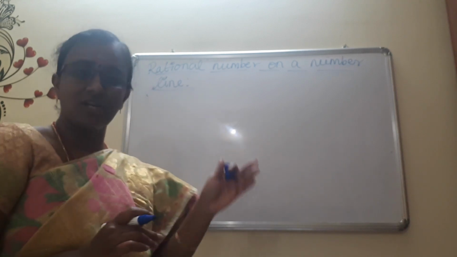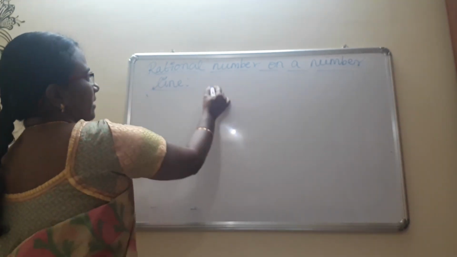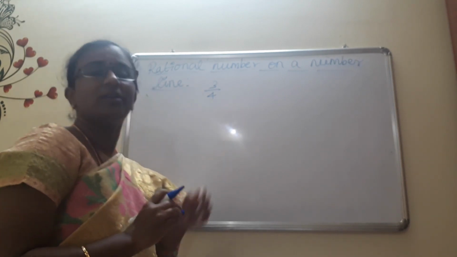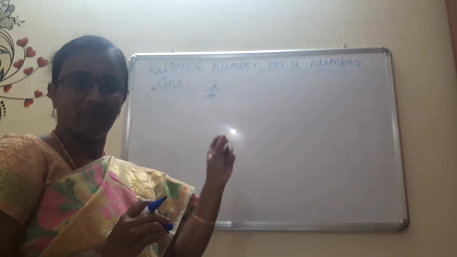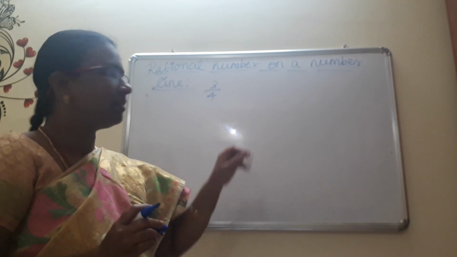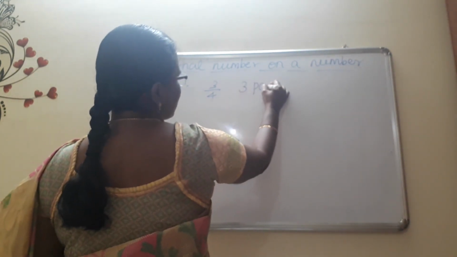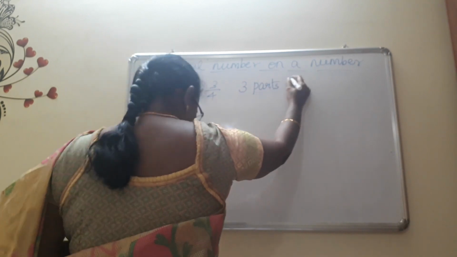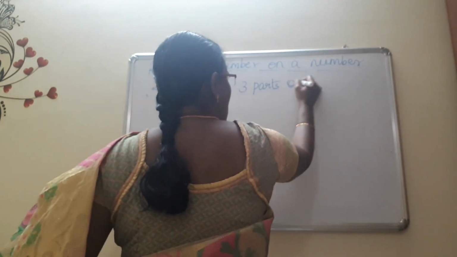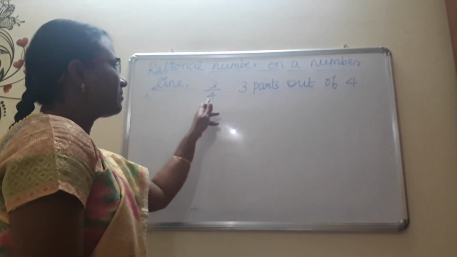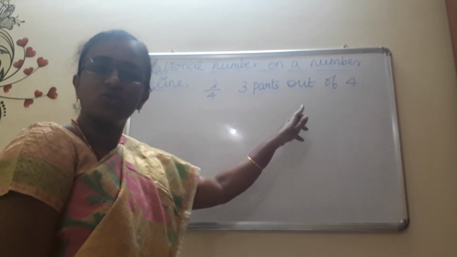So now the rational numbers. For example, I put 3 by 4. How can you denote 3 by 4 on a number line? We know this means 3 parts out of 4, isn't it? 3 by 4 means nothing but 3 parts out of 4.